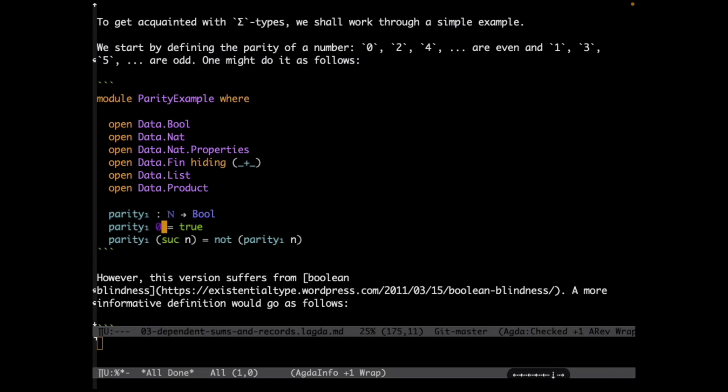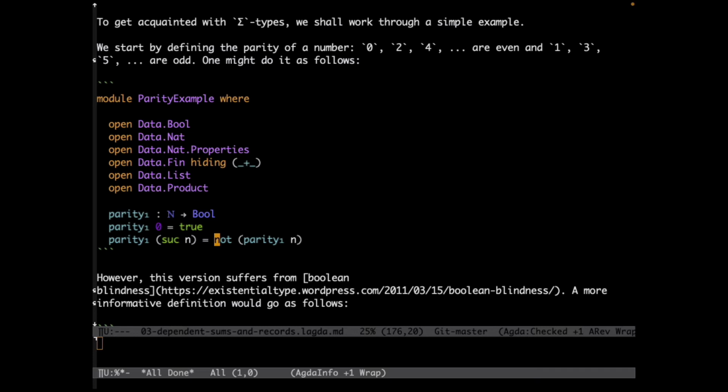It maps 0 to true, and it maps the successor to the negation of the previous one. This has a problem. How do you know? You have to keep in your mind the fact that true means even and false means odd. This is not obvious at all, because it could be the other way around.